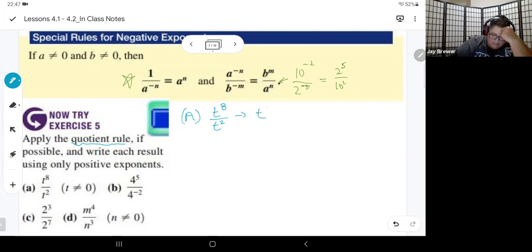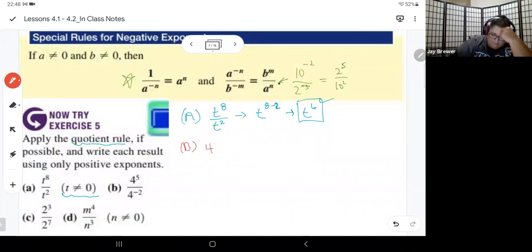So we're going to say t to the 8 minus 2 is going to be t to the 6th power. Now we no longer have to worry about the statement here because t is no longer on the bottom of the fraction.